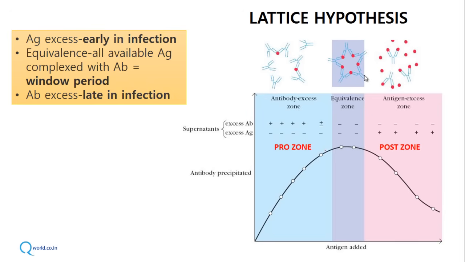And lastly we have the zone of antibody excess, which is found in the late part of infection when the body has created an immune response and antibody tries to overcome the antigen. So there are three phases, but the precipitation reaction happens mostly in the zone of equivalence.